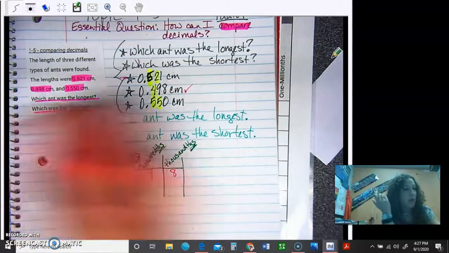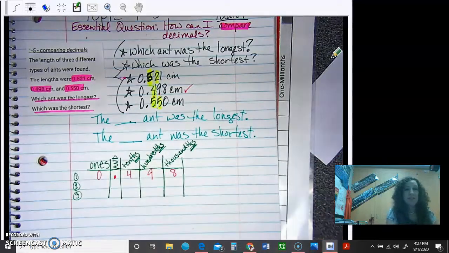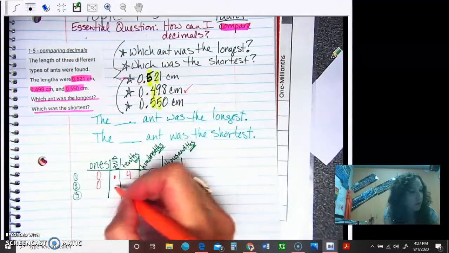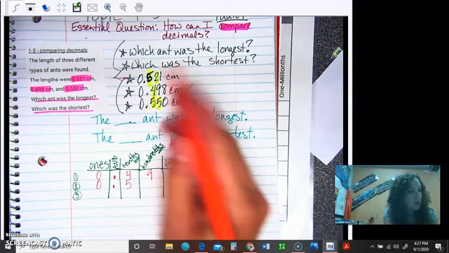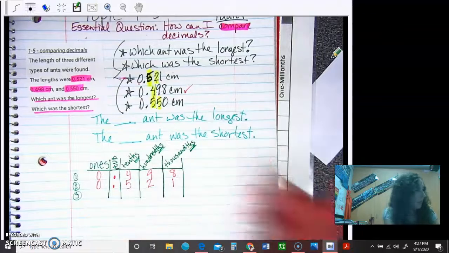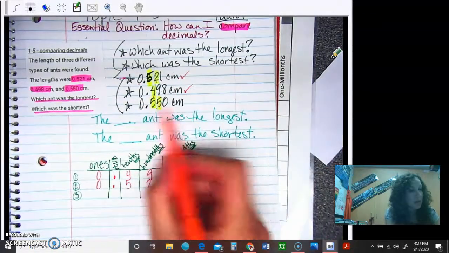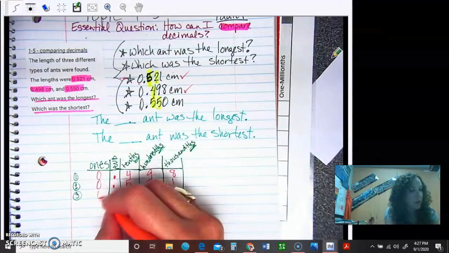So this smaller measurement, 0.521, is going to go next. So you're going to fill it in just like you have been.